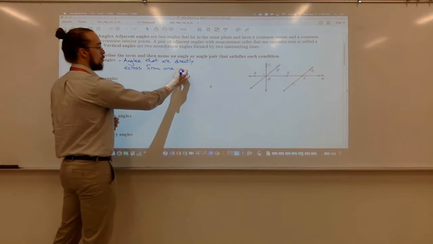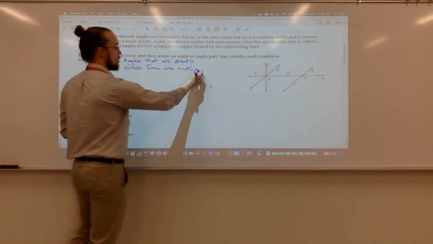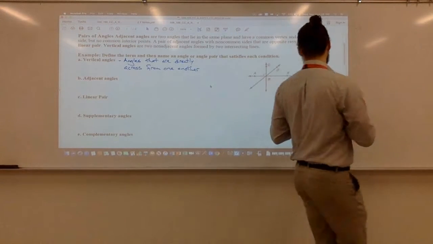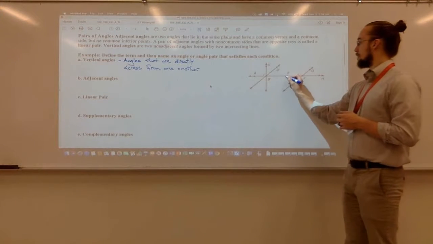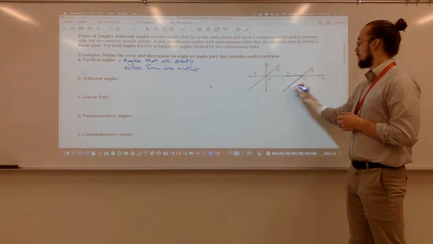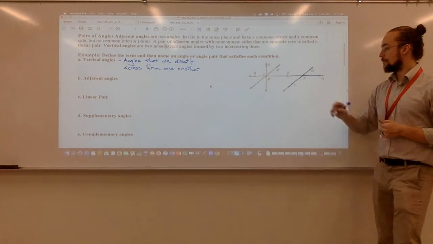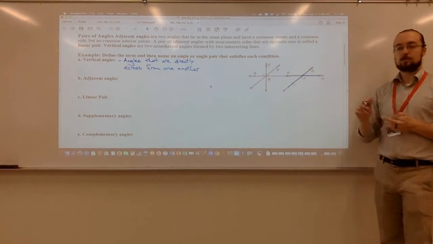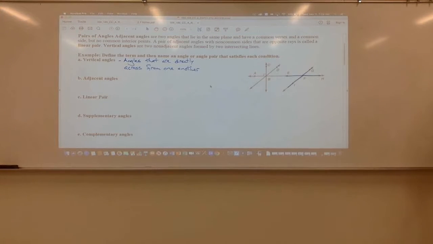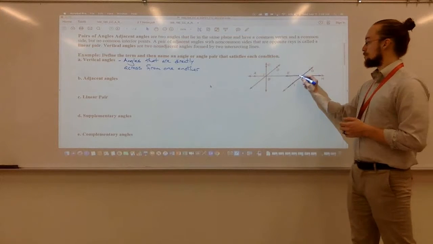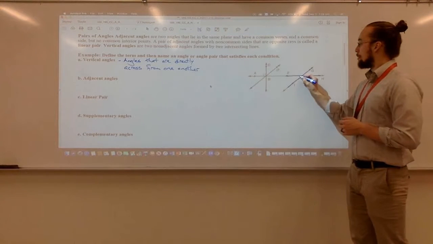So what that looks like, in this diagram over here, angle EFI and GFH would be an example of vertical angles. Angles that are directly across from each other.